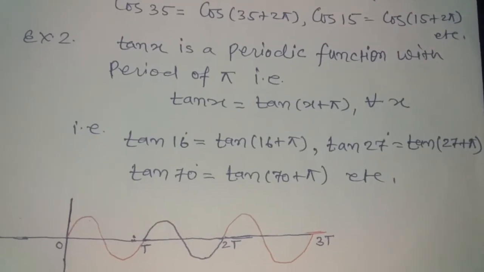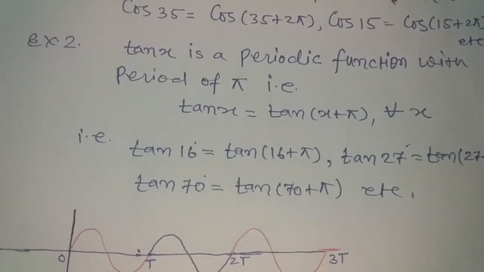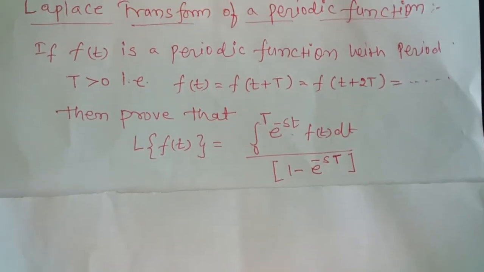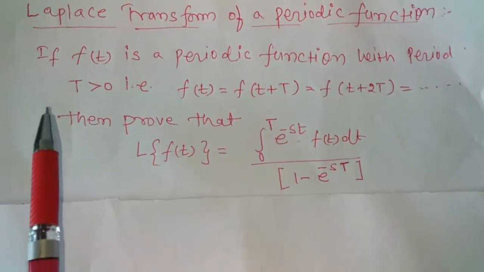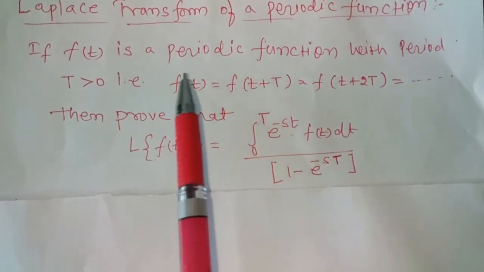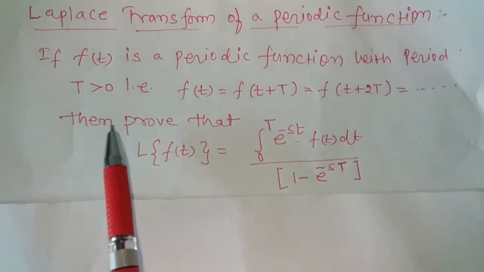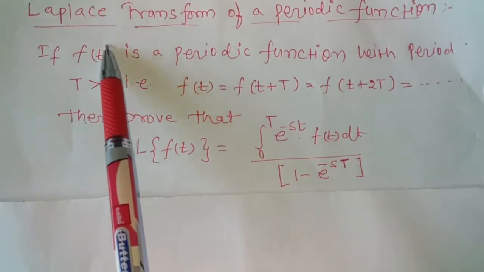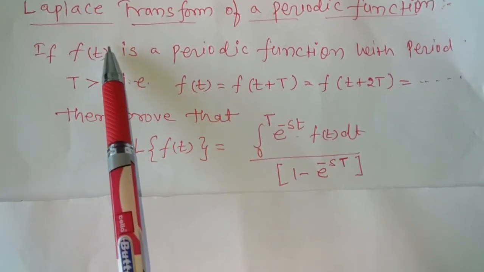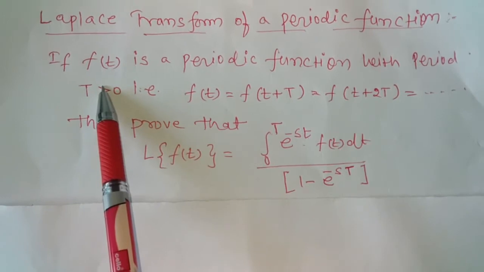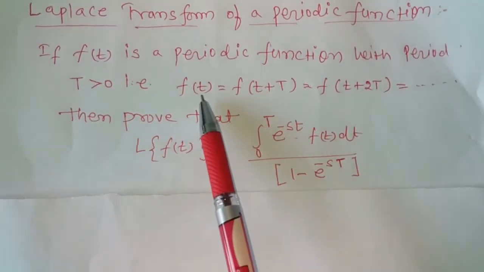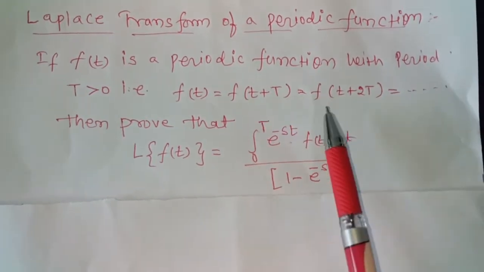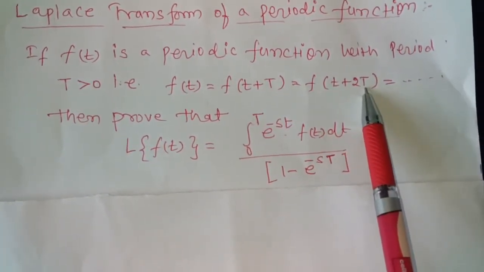Now we are going to find the Laplace transform of a periodic function. So the question is, if f(t) is a periodic function with period capital T greater than 0, that is, the function f(t) repeats its value after every capital T, which means f(t) is equal to f(t + T), which is equal to f(t + 2T), and so on.